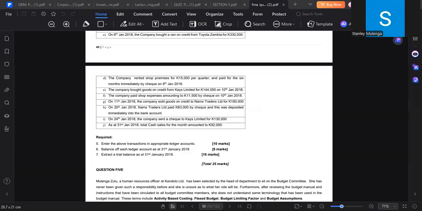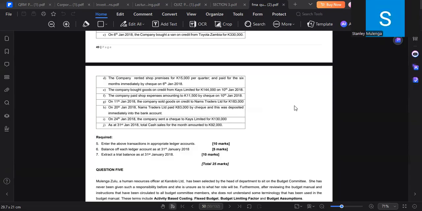So what is happening in that case? There's an expense. Yes. So there's an expense that is happening there. So how do you narrate that expense? We debit it on the expense account.